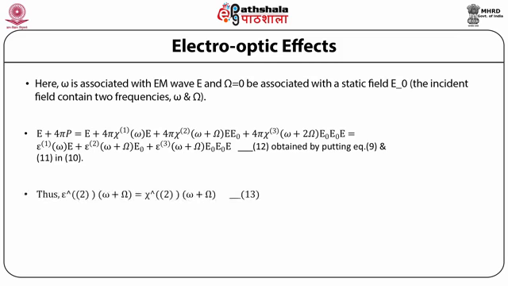Thus epsilon 2(omega plus Omega) equal to chi 2(omega plus Omega), and epsilon 3(omega plus 2 Omega) will be equal to chi 3(omega plus 2 Omega).